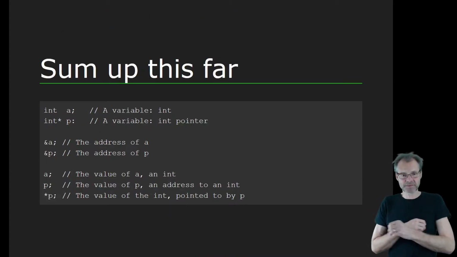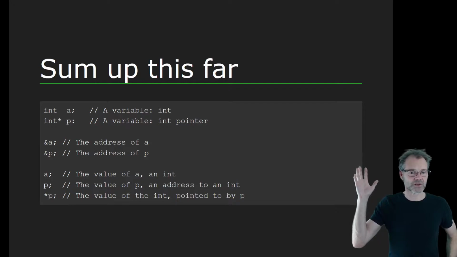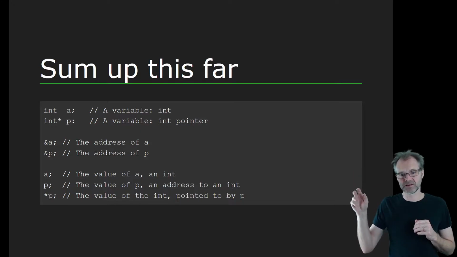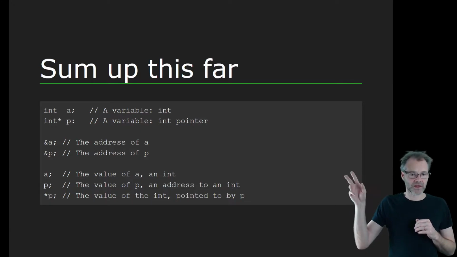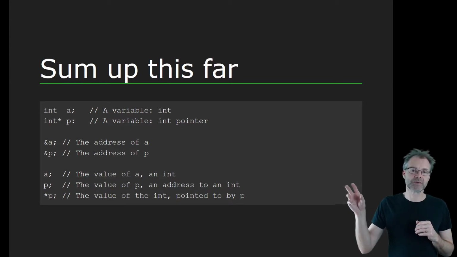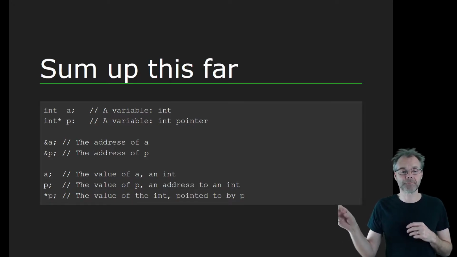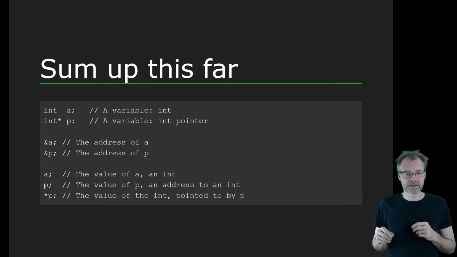So to sum up thus far, we are working with an int a, so that was a variable, and then we have an int star p, that was an integer pointer. Both are stored in memory as variables, so when they are in memory, they have an address, so I can look them up in the memory. We got a, that was a value of an integer.